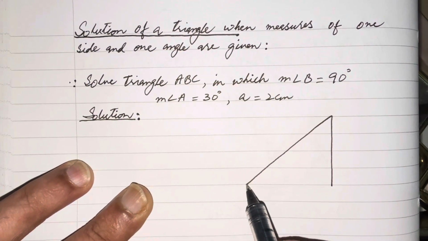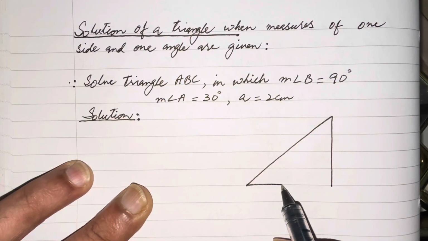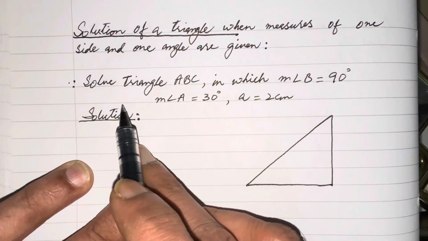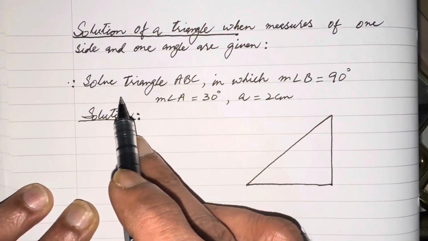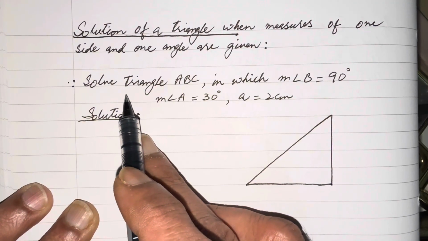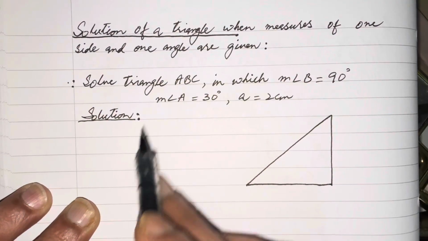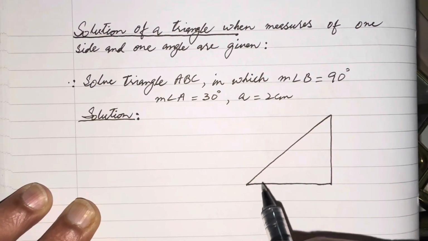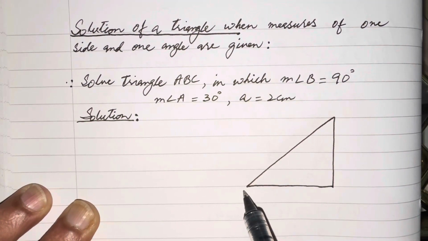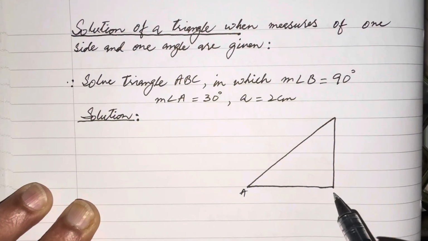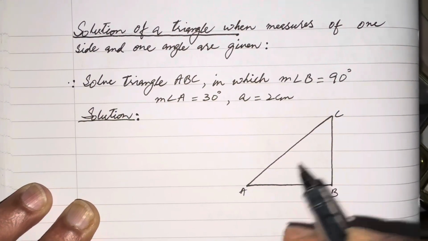The name has already been given as triangle ABC, so I'm going to take the points A, B, and C like that.